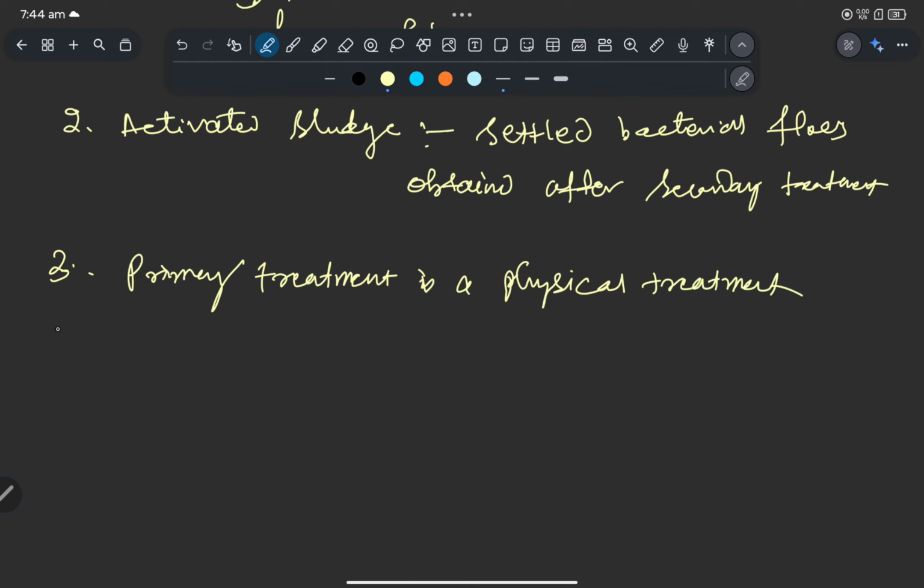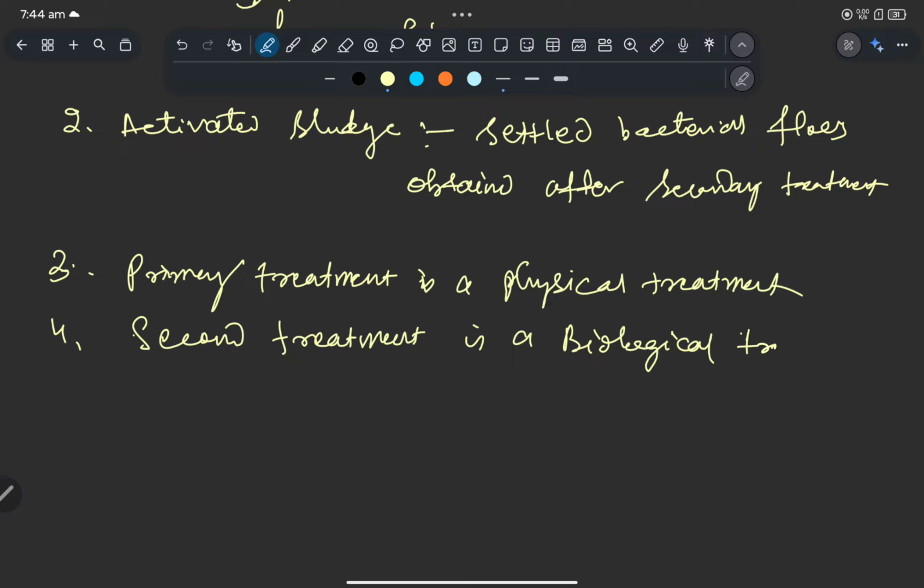Okay, then number 4, secondary treatment is a biological treatment. Why? Because it is digested by or treated by the bacteria, the living organisms.